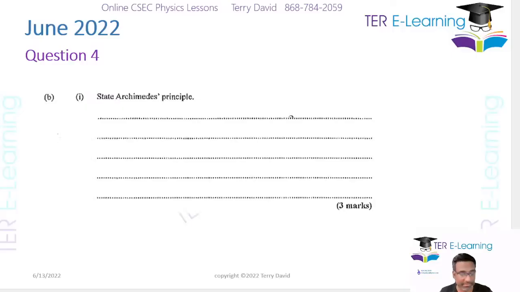Next part. Well, lots of people probably forgot to study this or didn't study this at all, right? Archimedes' Principle.